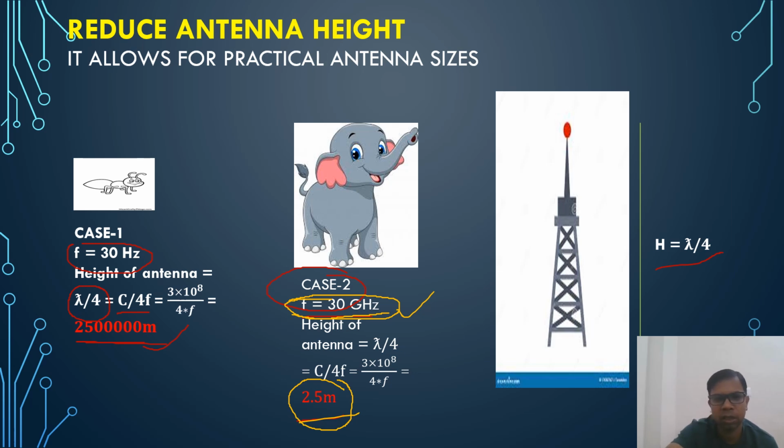And when the message signal frequency is very low, that is hertz or below, then the antenna height becomes impractical, very high, and it is not possible to design this length of antenna. So the antenna height is reduced due to the modulation.